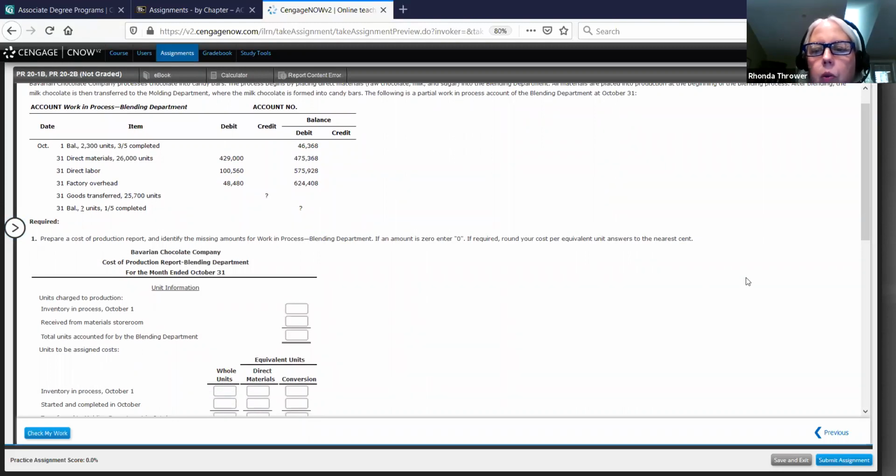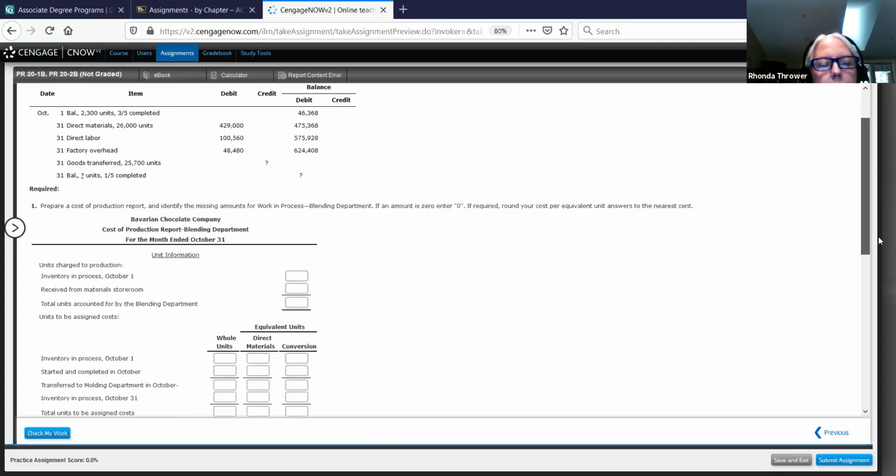Those are important things that we need to know, and this is the given information that they gave to us. So what we want to do now is prepare a cost of production report. This would be prepared at the end of the month, and it would be prepared for each department in the company. We're just working on the blending department's cost of production report, but there would also be one for the molding department that someone else would have to prepare.